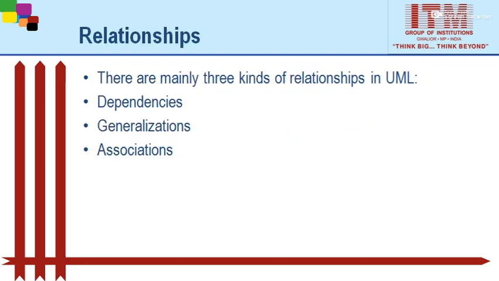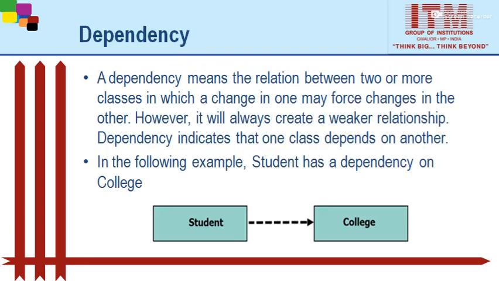Now, let us understand the relationships of a class. Although a variety of relationships are present, or you can show with the help of class diagrams, three main kinds of relationships which you find here are dependencies, generalizations and associations. So, what does dependency mean?